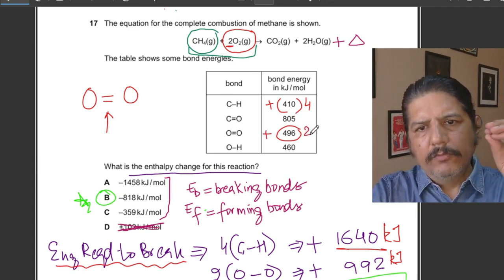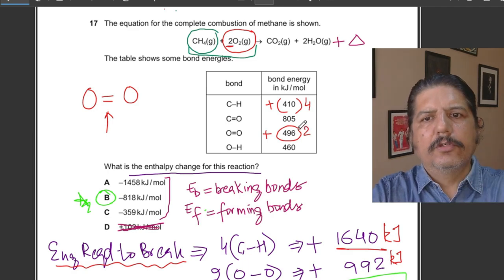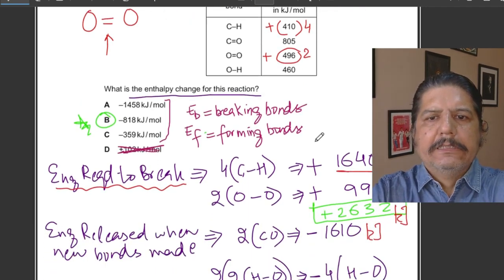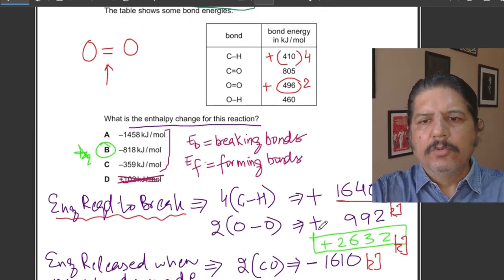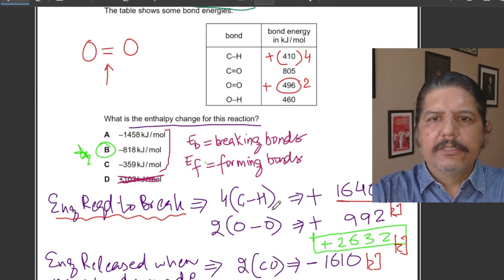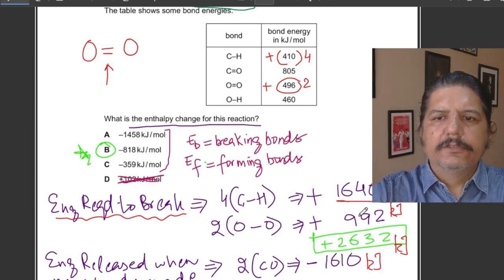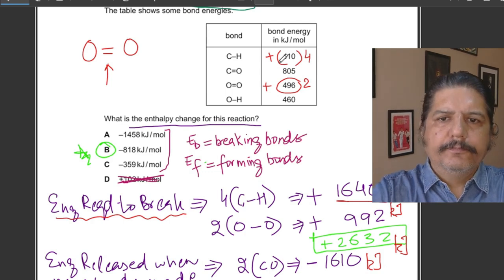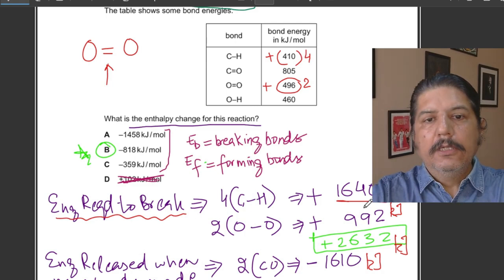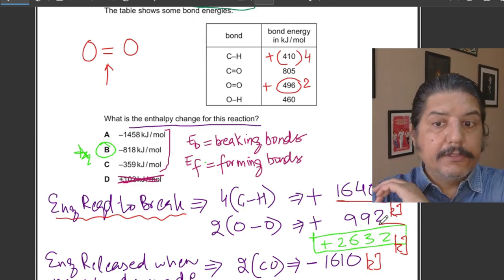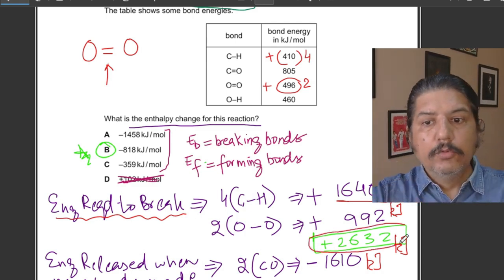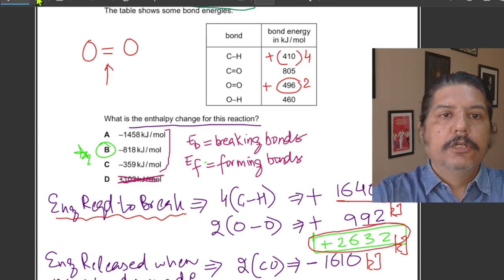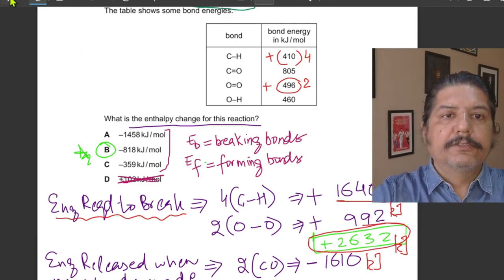The energy would be multiplied by 2 because there are 2 moles of oxygen molecules which I am breaking. So the calculation is 496 into 2, which is 992, and 4 into 410 is 1640. So what I'm trying to tell you is that 2632 kilojoules of energy would be put into the system.